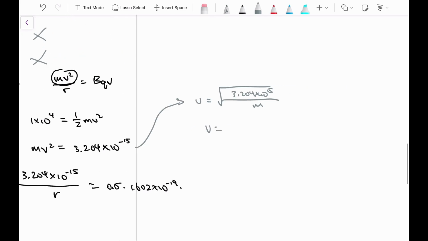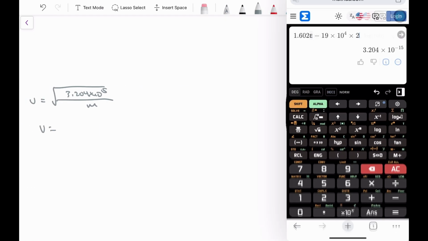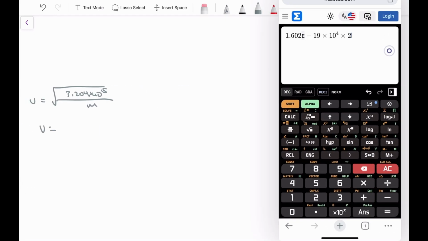So v will be equal to, square root first and then over the mass. The mass, the atomic mass unit, is 1.661 times 10 to the minus 27.